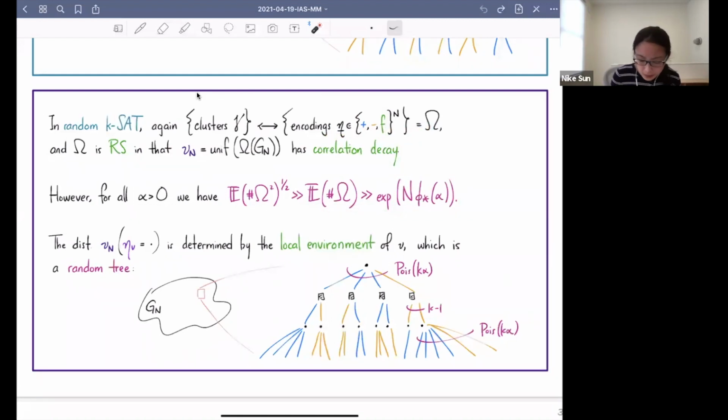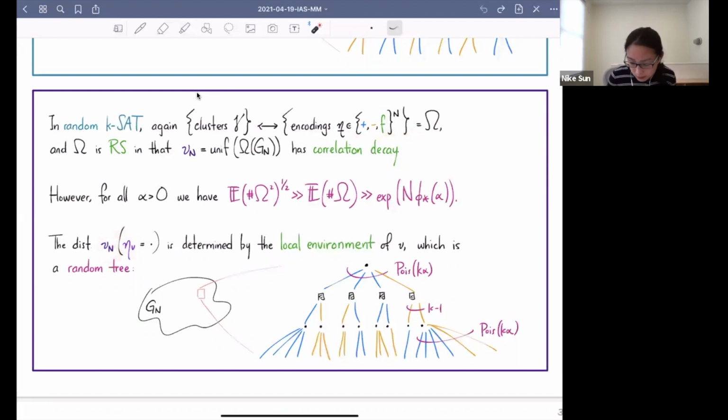And a related issue is that in this plus-minus-free model, if you look at a variable in the graph and you want to know its distribution under this uniform measure, it is again supposed to be determined by the local environment of the variable because of correlation decay. But the problem in this model is that the local environment is a random tree.